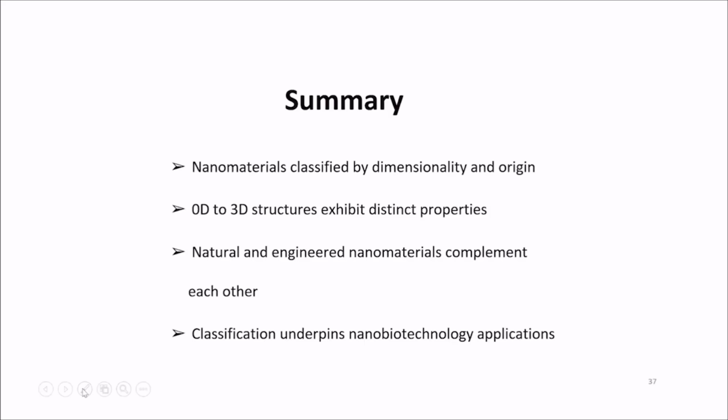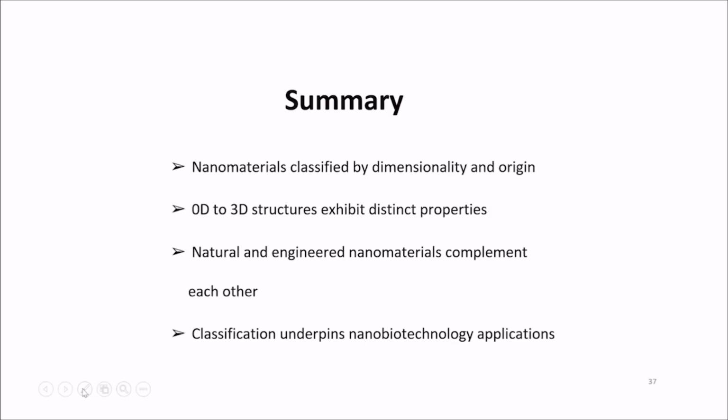Because nanomaterials exhibit properties that drastically change with shape, size, composition, and structure, classification helps to organize this complexity into meaningful categories. It allows researchers to predict how a material will behave even before it is synthesized, saving time, cost, and experimental effort.